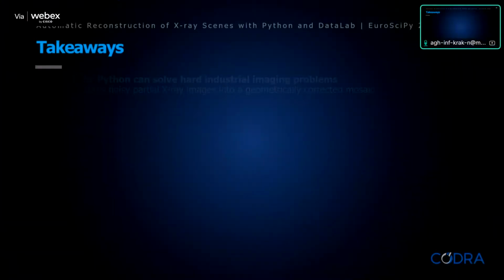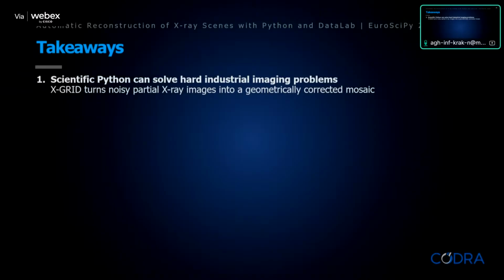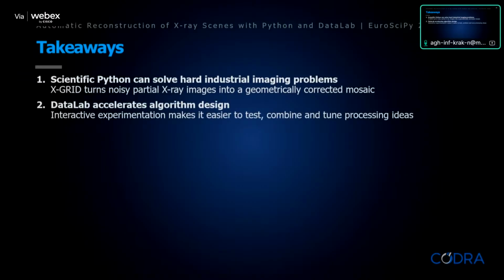So takeaways. First one, we saw that a scientific pattern can solve demanding industrial imaging problems for demanding clients. 2, the fact that Data Lab accelerates algorithm design with interactive experimentation and helping fine-tuning parameters of your algorithm.